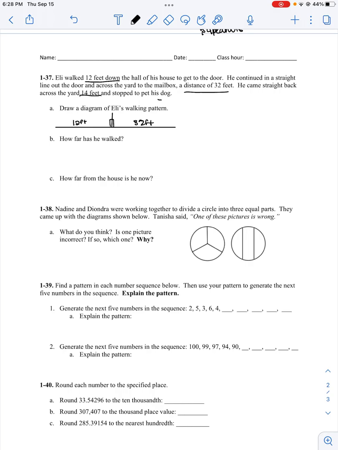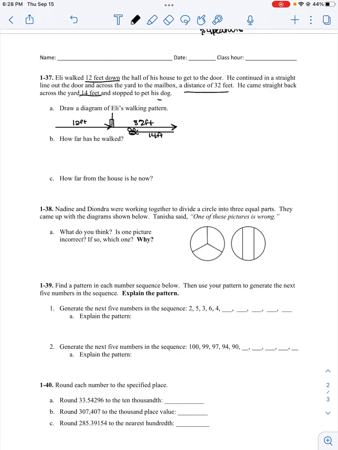Then he comes back 14 feet to pet his dog. My dog is not going to be super detailed, but there's his dog.